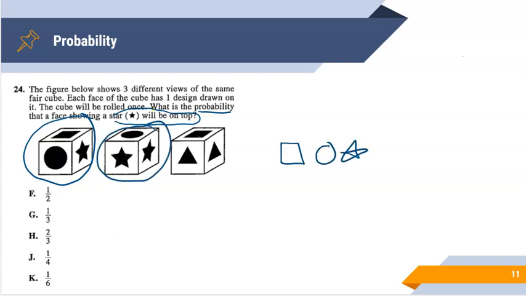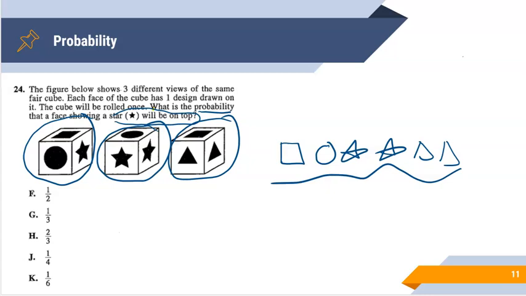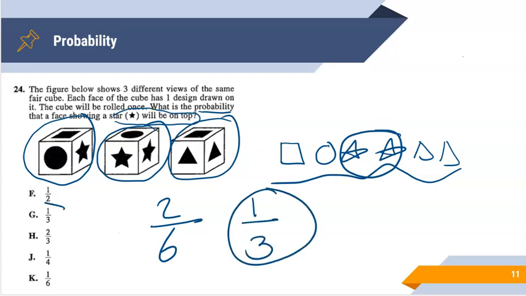If I look at the middle one, I'll see that, oh wait, there's actually 2 stars. And if I go to my last piece here, I see 2 triangles. And if I look at this, that's a total of 6 pieces, right? There's 6 sides. And if the star is going to be on top, the target is 2 out of a total of 6, which we do not see. But that reduces to be 1/3, which we have.